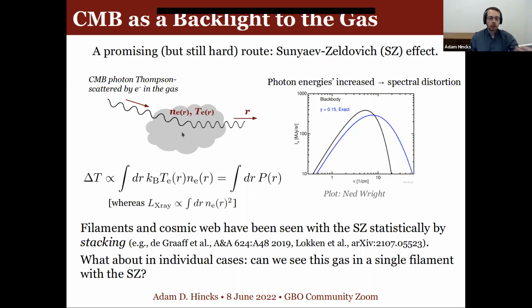So these missing baryons have been spotted through stacking. But the question that the research I and my colleagues have been doing is saying, well, what about in individual cases? Can we see this gas directly in an individual filament?